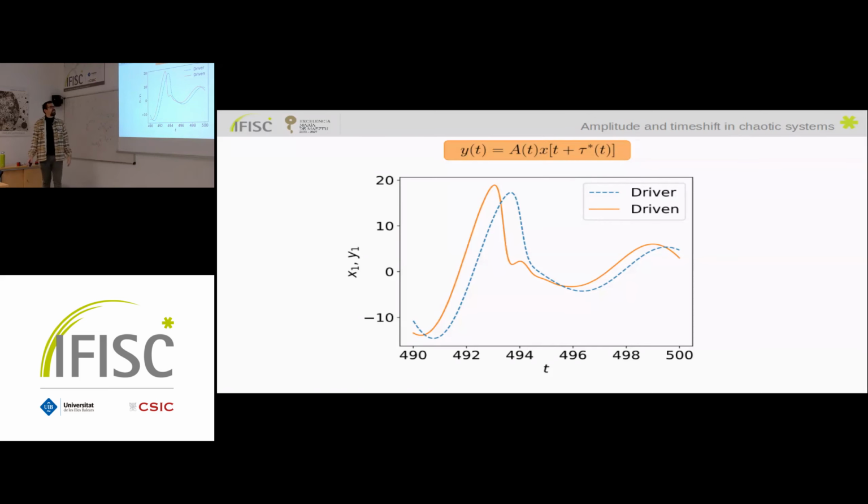We will get the trajectory, compute the maxima of the variables, and from two consecutive maxima we can get this time shift, and using the proportion between the two heights, we can get this sort of amplitude. We will say, okay, this is the amplitude and the time shift at the time that this peak has occurred. And then we will do that for all the maxima of our system and see how it evolves.